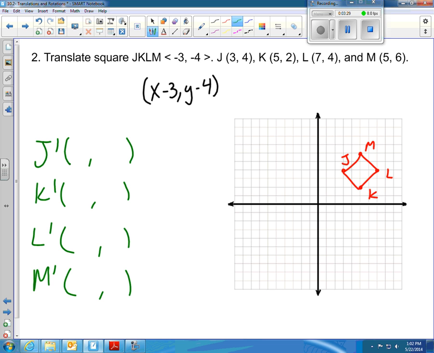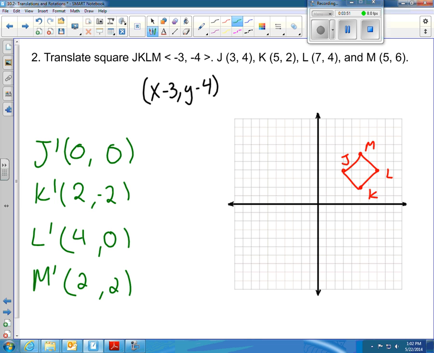All right, so J is going to go to 0, 0. And all I'm doing is taking my 5 and subtracting 3, and my 2 and subtracting 4. My L is going to go to 4, 0. And my M is going to go to 2, 2.